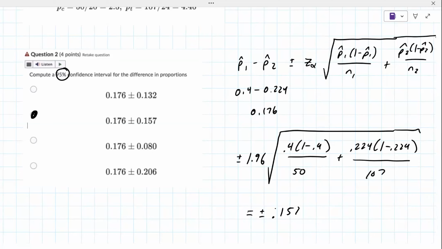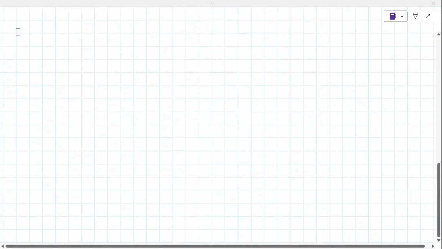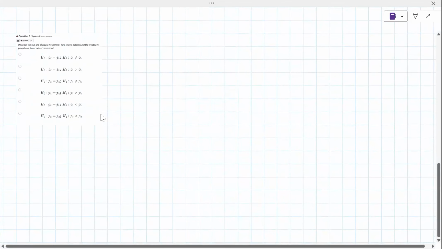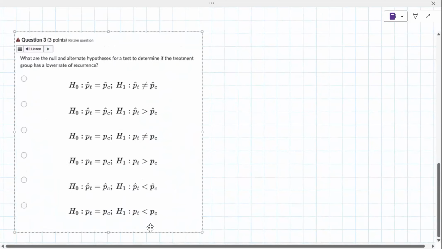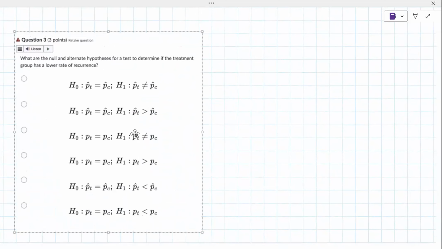All right, let's look at the null and alternative hypothesis here. So it says the treatment group has the lower rate of recurrence. That means the treatment group will be less than the control group, PT, PC, with the hats there.